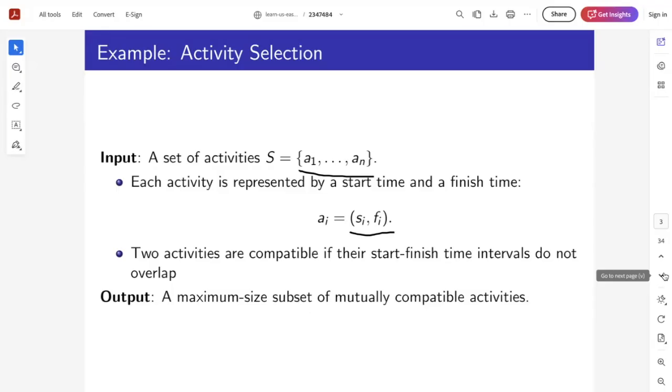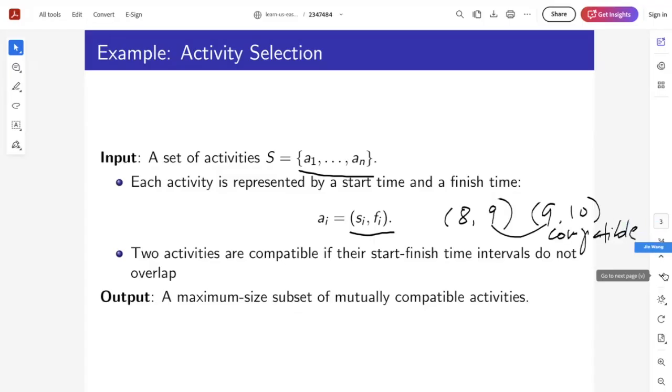Okay, so for instance, if you have an activity that starts at 8 and ends at 9, and the other one starts at 9 and ends at 10, these two can occupy the same room without any overlap. So there are no conflicts. Then we say that they are compatible.